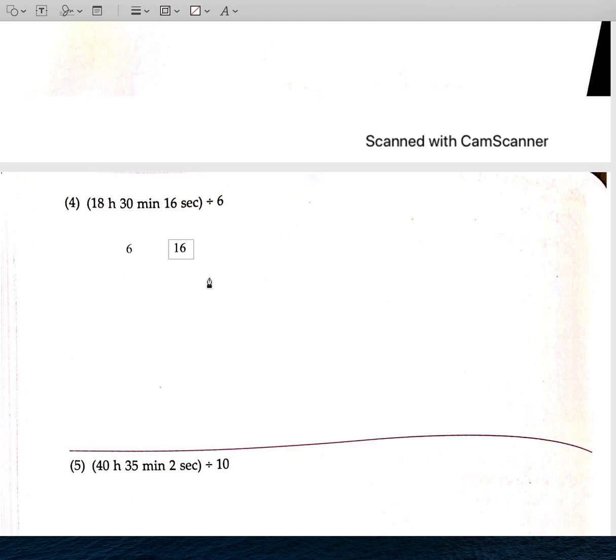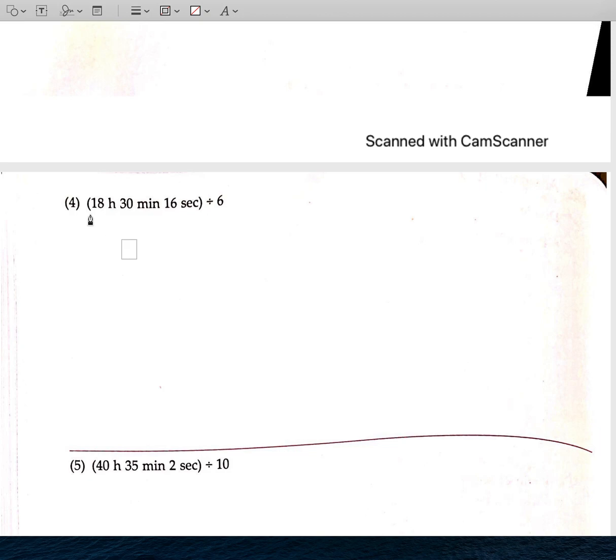Now 6 2s are 12, so we'll write 2 as the quotient over here. But when we subtract 12 from 16, we get 4.